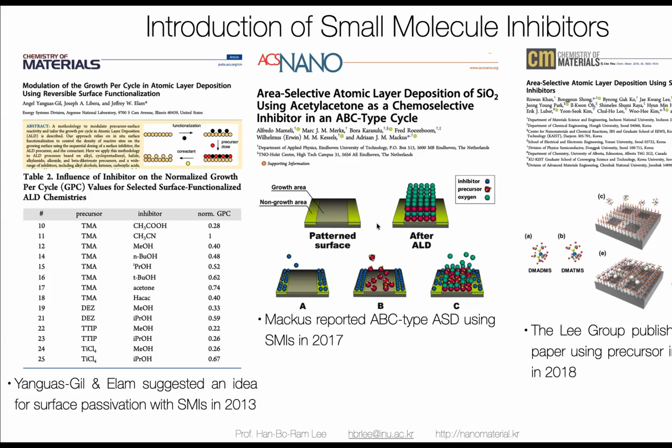And then in 2017, Audrey suggested a really interesting idea, the ABC process. Audrey is very much an expert in the plasma ALD system. The plasma is not very good for maintaining the inhibitor. As a consequence, he had to use this ABC process because he had to use the plasma.